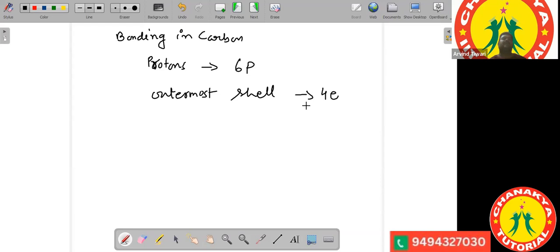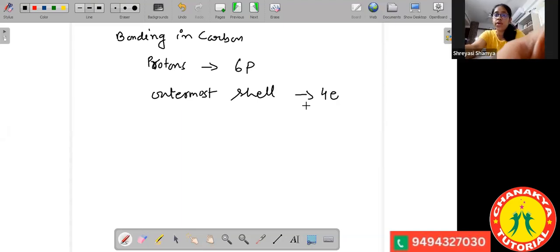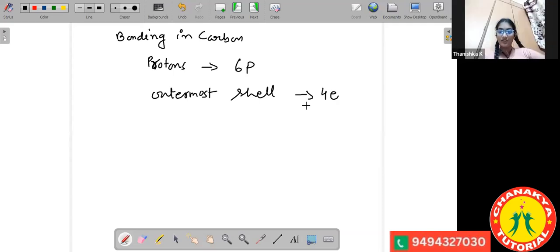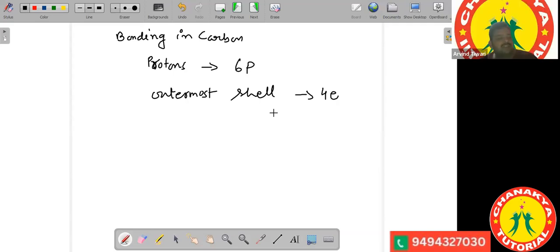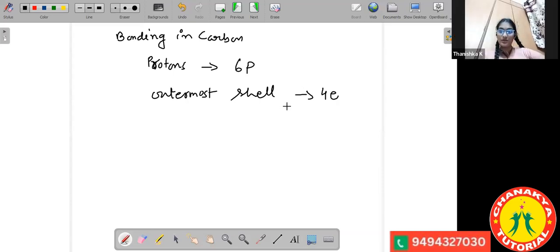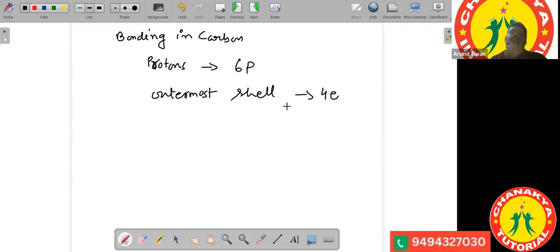What are the steps that are possible for satisfying the octet? How can carbon satisfy the octet? Octet means it should have 8 electrons in the outermost shell. It can do so either by losing or gaining electrons.